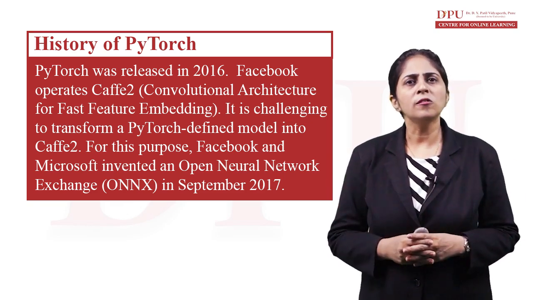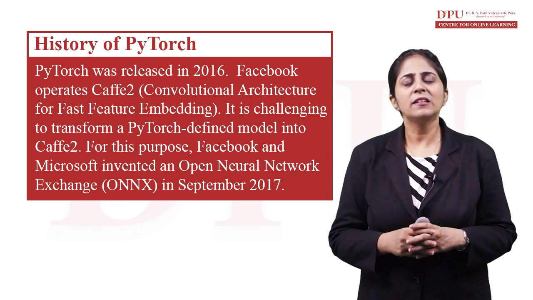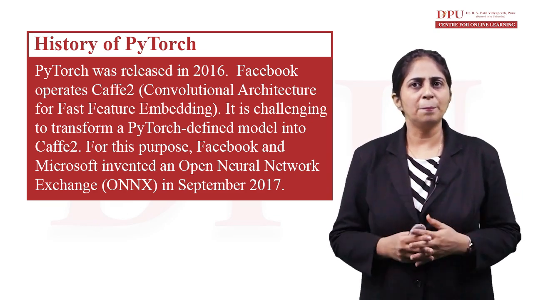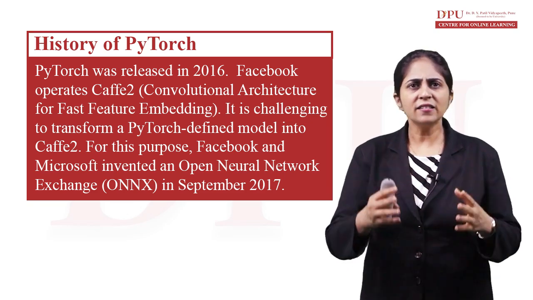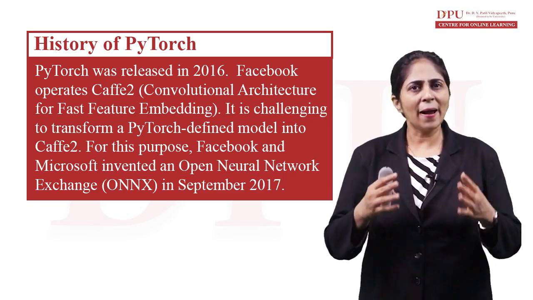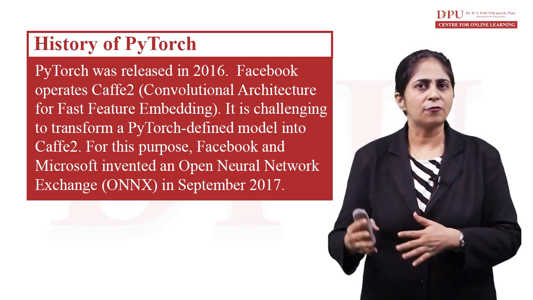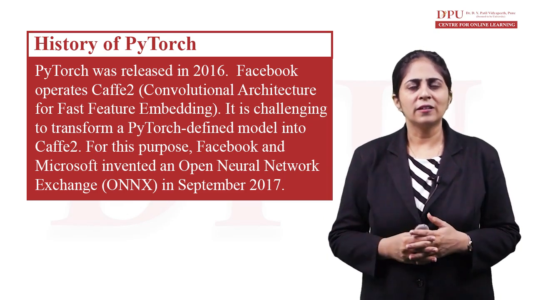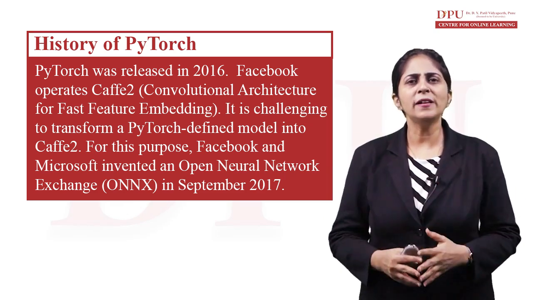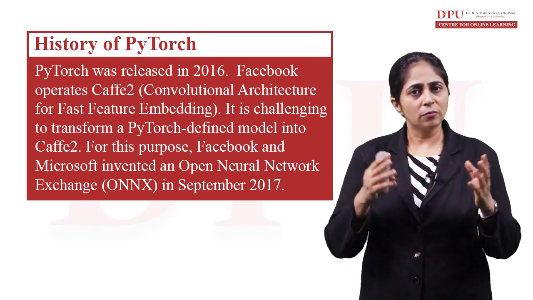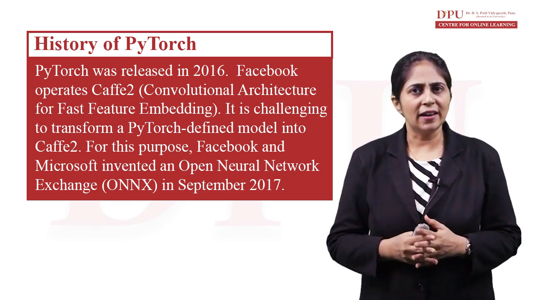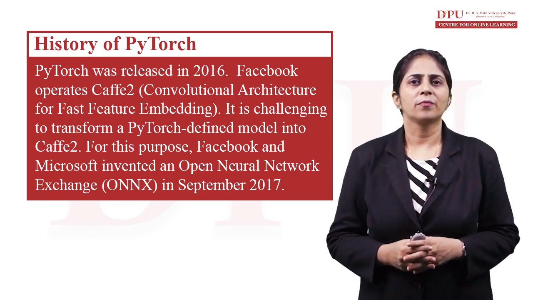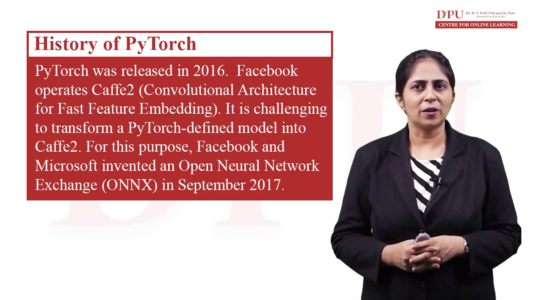Facebook, we know, also operates Caffe2, which is the Convolutional Architecture for Fast Feature Embedding. It is challenging to transform a PyTorch-based model into Caffe2. So for this purpose, Facebook and Microsoft invented the Open Neural Network Exchange, ONNX in short, in September 2017.